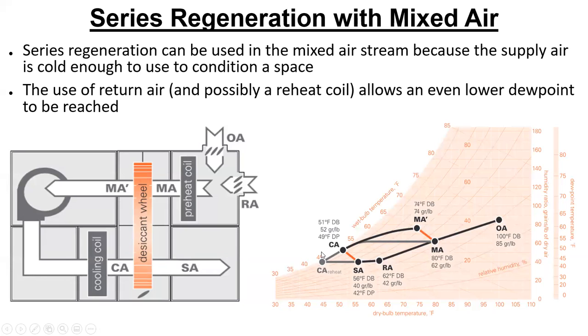Maybe it's a theater, something like that, where you have a lot of people, so you have to have a lot of ventilation air. You could actually buy rooftop units and DX packaged equipment that have these desiccant wheels built into them. You just specify it as an option, and at the factory, when they build the unit, they make it part of the construction.